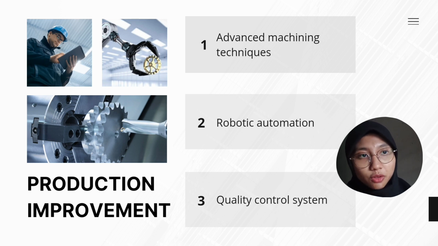Next, robotic automation considers automating repetitive tasks like material handling to improve production speed. Lastly, quality control of automated systems, by implementing four-dimensional checks and surface quality inspection. This is to help detect defects.